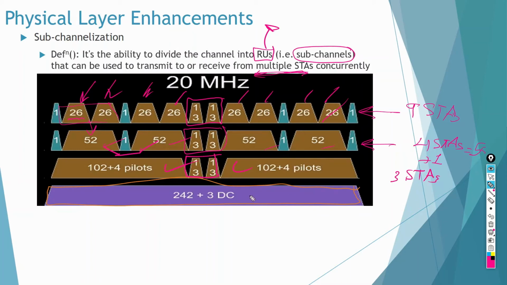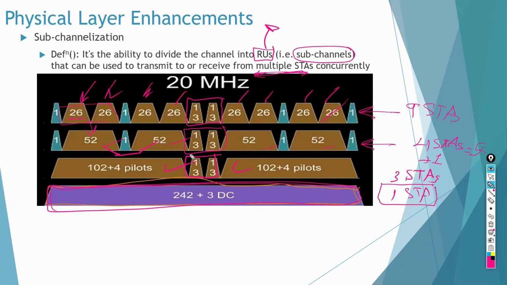If I assign the whole subcarriers or the bigger RU within the channel to one STA, this actually represents the normal pre-11AX channel assignment to one station at a time.